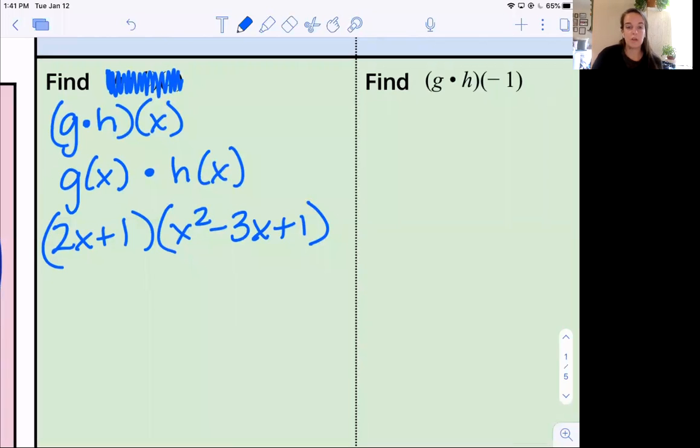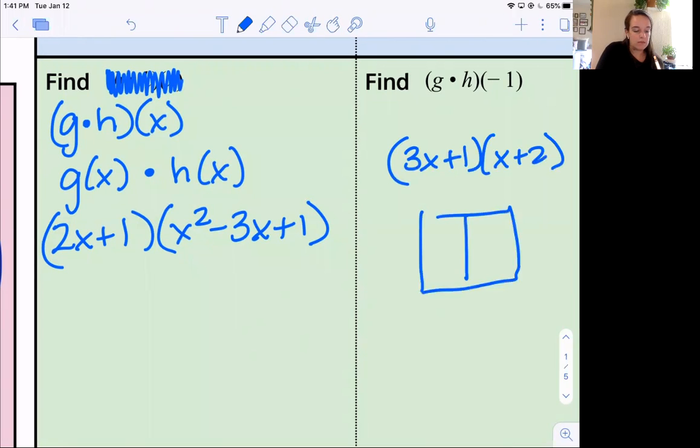Cool. So you might remember, you don't need to write this part down. You might remember if you had like 3X plus 1 times X plus 2, you might have done the box with Ms. Velasquez, right? So you'd do 3X plus 1 and X plus 2, and then you'd ask, what's 3X times X? Oh, it's 3X squared. What's 1 times X? Oh, it's 1X.